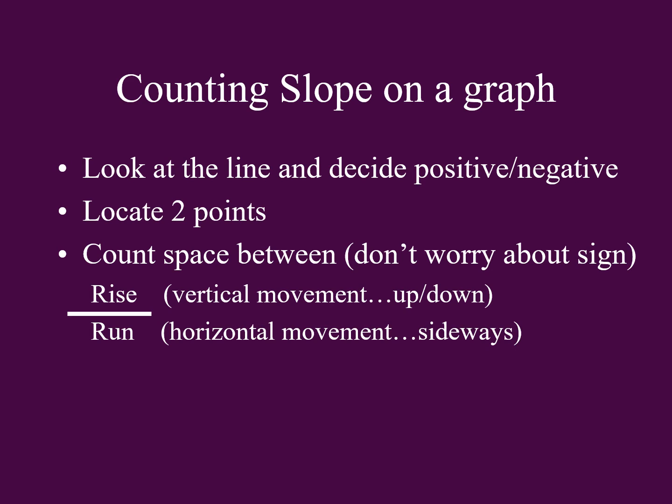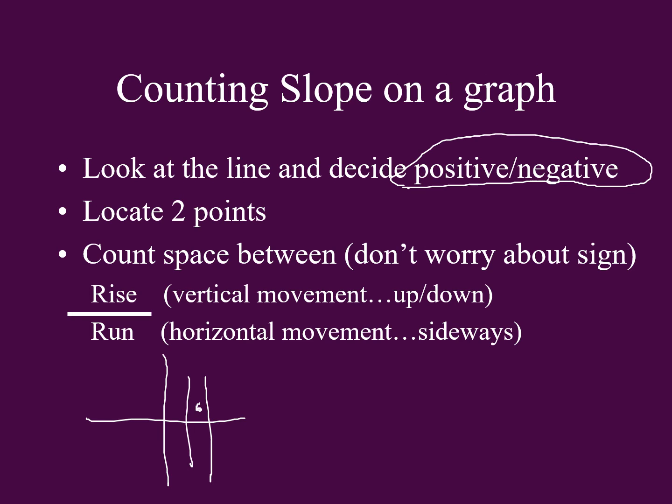Okay. So when you get it on the graph, you get to count it. That's just wonderful because you don't have to do any kind of algebra stuff. You look at the line and decide, is it positive or negative? That's just what we just did on that last screen. You decided, was it positive or negative? And you just write it down. Then you locate 2 points that are on 2 intersections of lines.